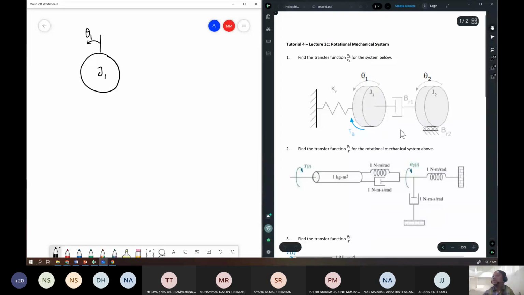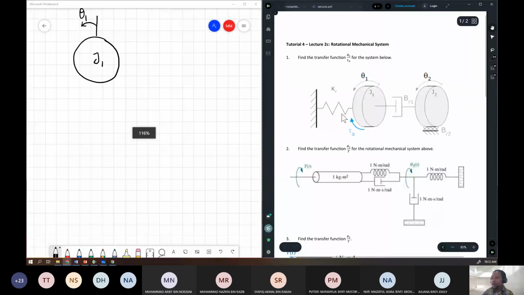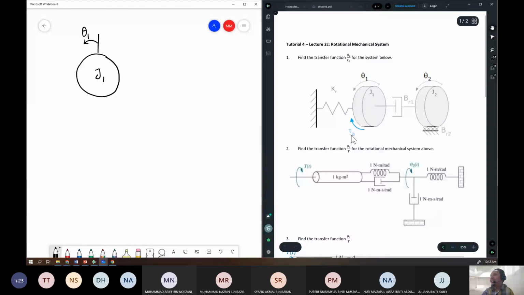On J1 there is a spring KR and also a damper BR1, and there's an input torque tau A.